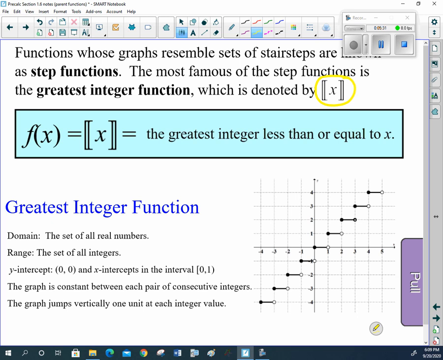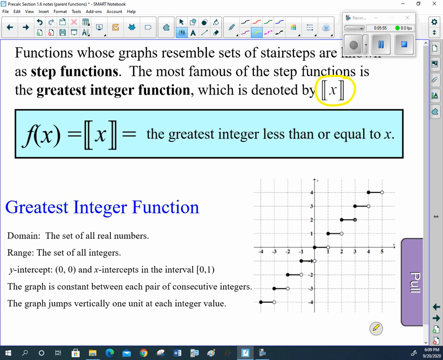That means greatest integer function. So it's not really brackets, it's just kind of a double bracket maybe. Anyway, when you see that, that means it's the greatest integer less than or equal to x. So over here on the right, we have the greatest integer function graphed. The domain is the set of all real numbers.